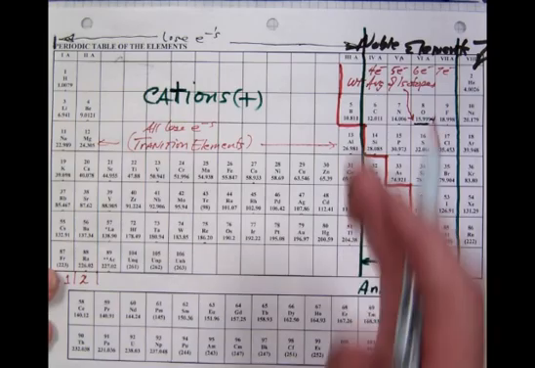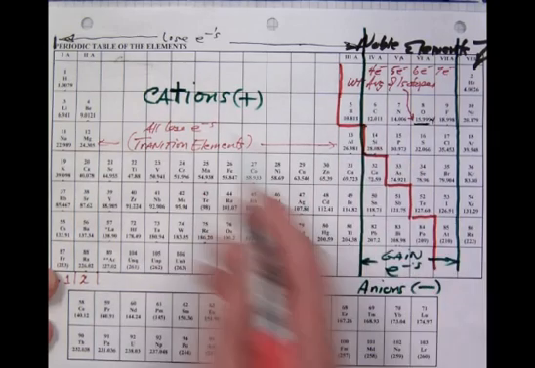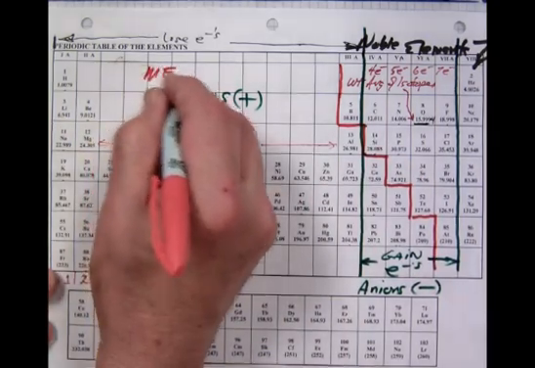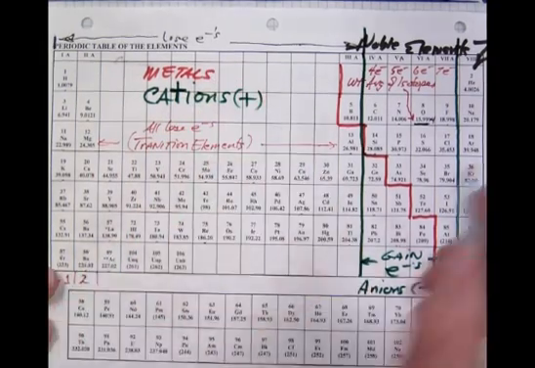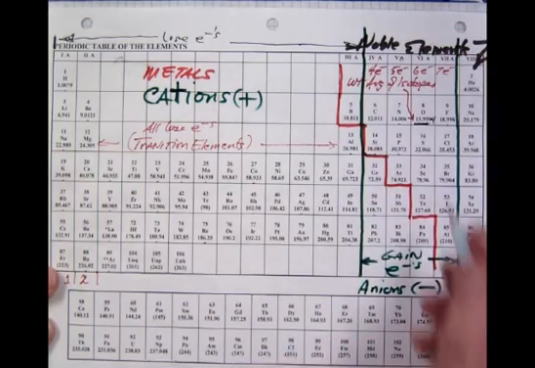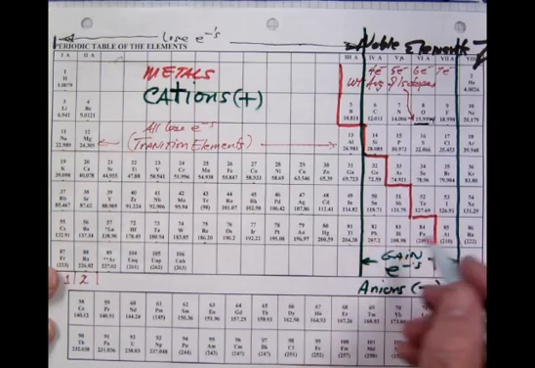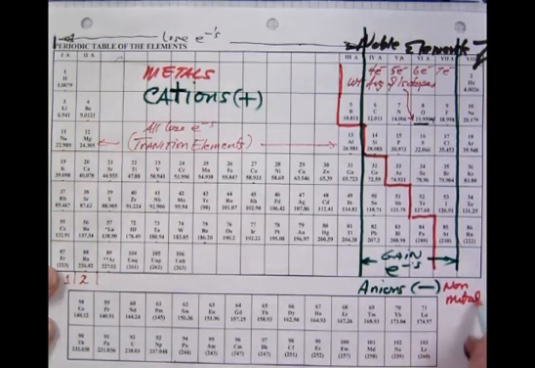For right now, everything to the left of the orange staircase are metals. And those which are to the right of this orange staircase are nonmetals. Running out of room.